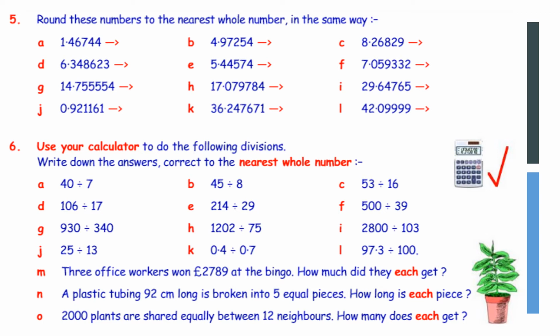Okay? So you're taking the number, and even when you get to K, 0.4 divided by 0.7, just type those numbers into your calculator. Okay? Don't worry that you've never multiplied or divided by decimals before, because it's not actually asking you to work them out. It's just asking you to do them on a calculator. So you type 0.4 into your calculator divided by 0.7.